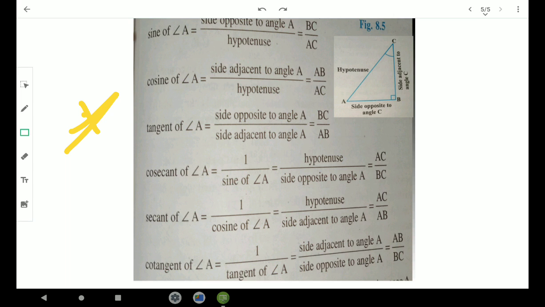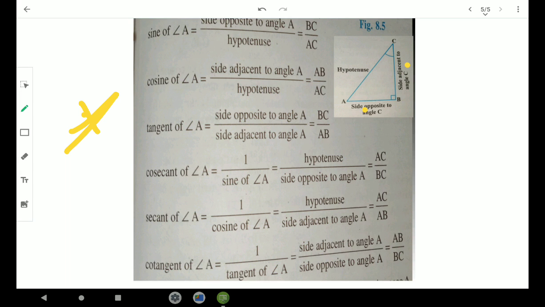The side which is opposite to the right angle is the hypotenuse, and the sides adjacent to the right angle are the perpendicular as well as the base. Both base and perpendicular are the sides adjacent to the right angle, and the side opposite to the right angle is called the hypotenuse. Now there are six terms: sine, cosine, tangent, cosecant, secant, and cotangent.